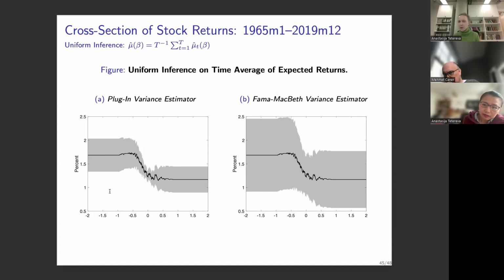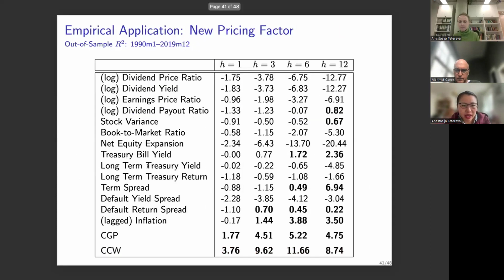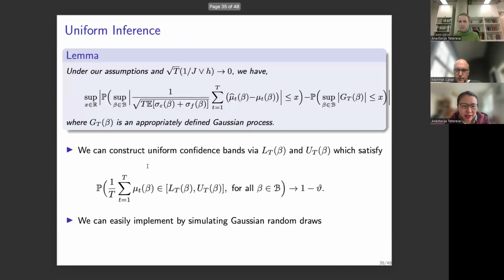And is there any way to impose a kind of monotonicity in this region? Or it wouldn't make any practical sense? So this is a time average fit. Maybe it's a good question, right?